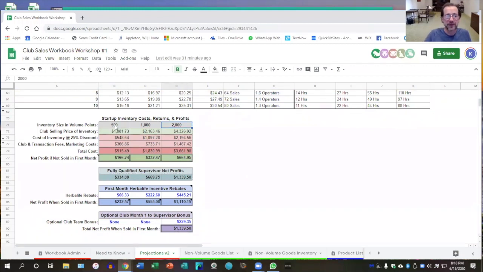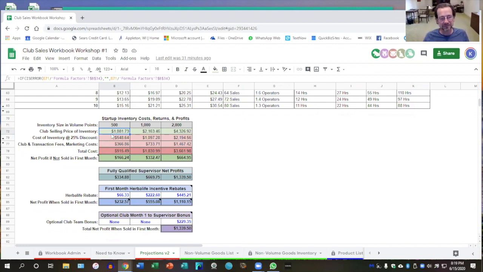Let's start with the 500. Your 500, this is what you're going to sell it for. You'll get 500 volume points. You will sell it over the counter here for $1,081.73. Got it? That's the inventory.